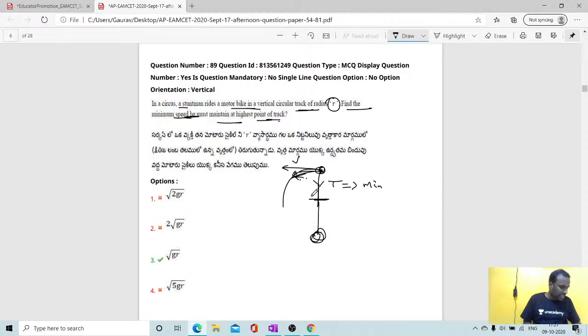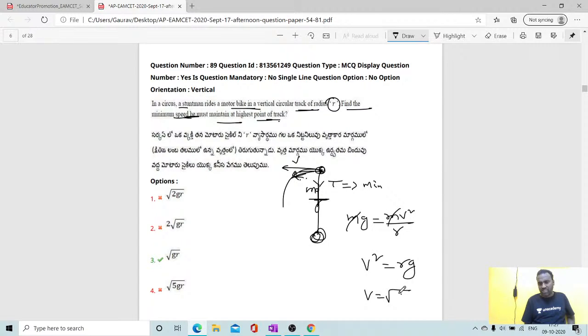At this point speed is v. So gravitational force mg is provided by the necessary centripetal force mv square by r. So then v square is equal to rg. Then v is equal to under root of gr. So option 3 is the answer, students.